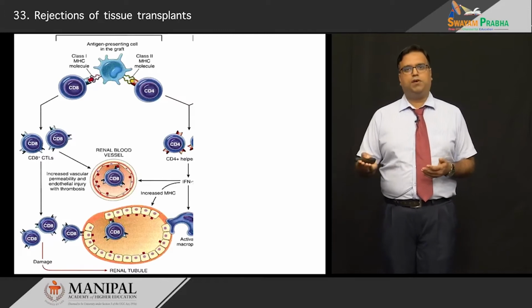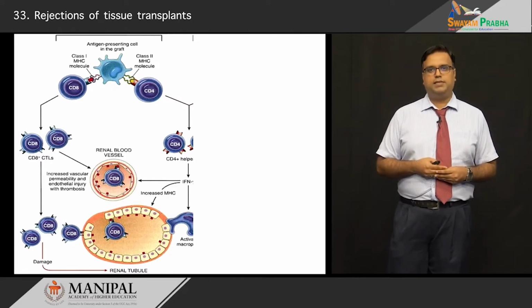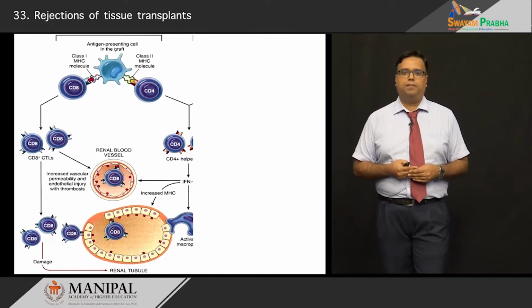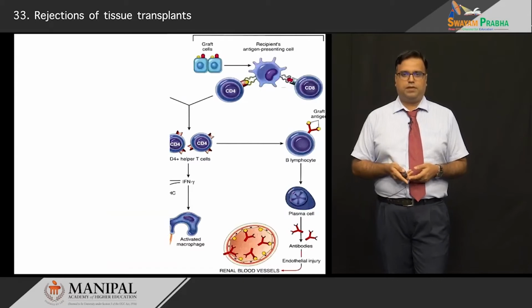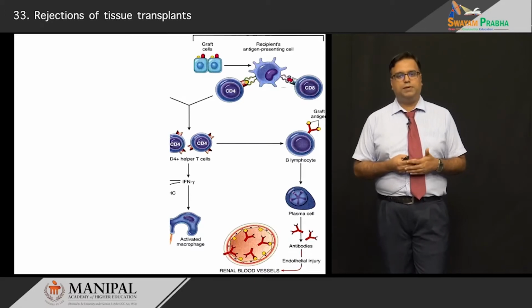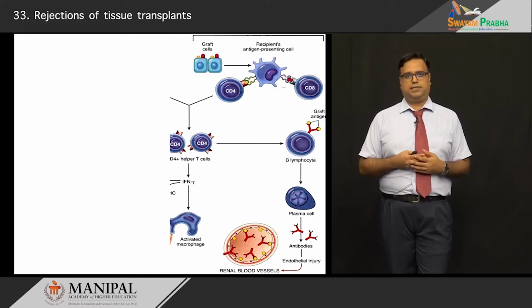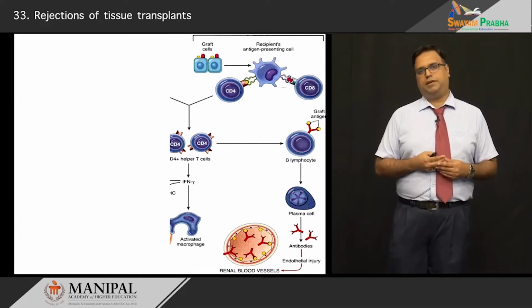They transform into the helper T cells, which are a storehouse of interleukins and cytokines, predominantly interferon gamma, and they also potentiate this mechanism. Also, in indirect pathways, like we said earlier, CD4 and CD8 molecules will attack. They also engage other cells of the immune system, such as the macrophages, which cause tubulitis and tubular damage.